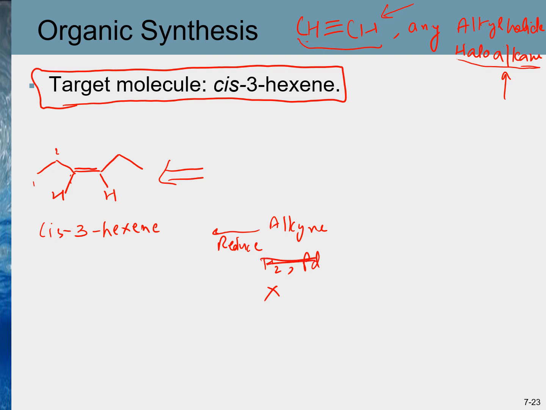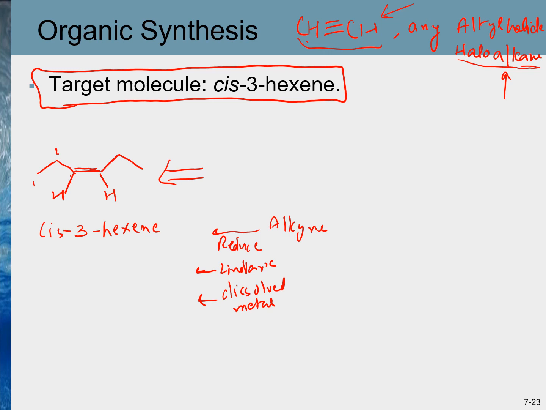So what other reduction is available? Other reductions which are available are the Lindlar's reduction, which can reduce alkyne to alkenes, and the dissolved metal reduction, which can also give us alkenes. But there is a difference between them.